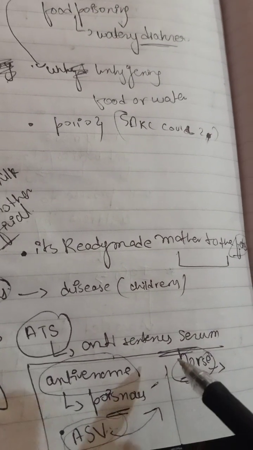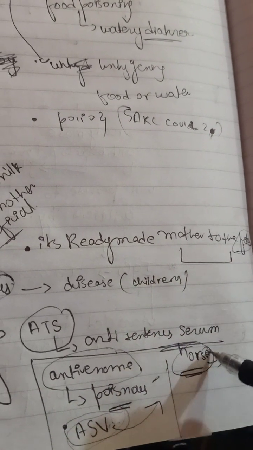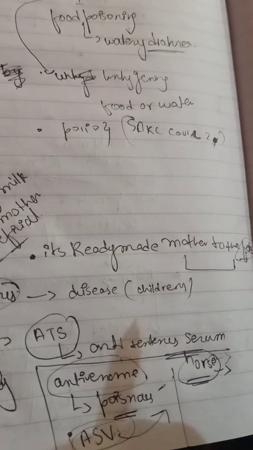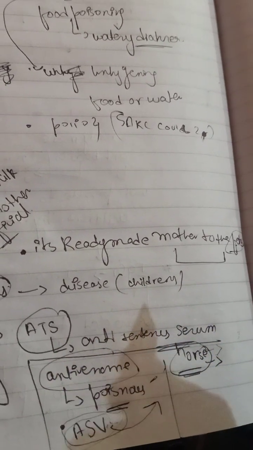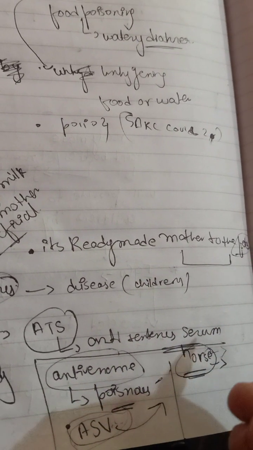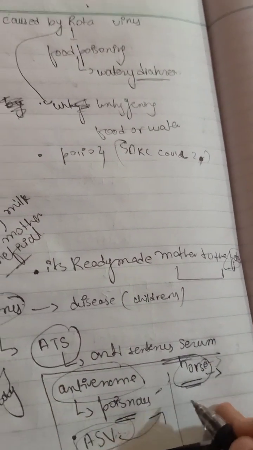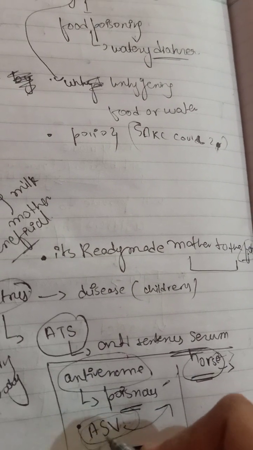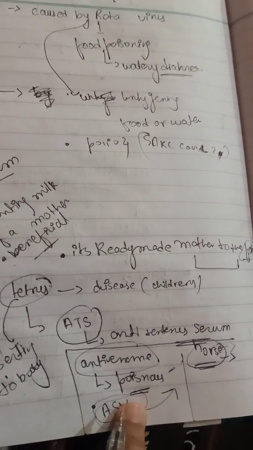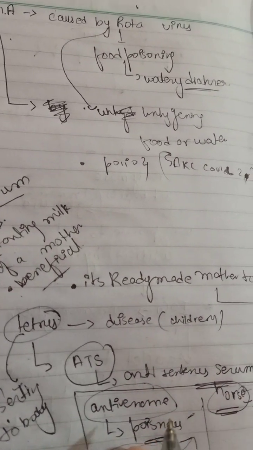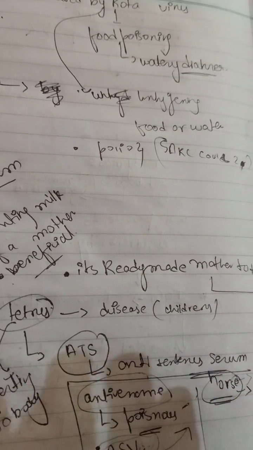Sometimes we extract it from the horse and then give it to the human against the causative organism that has bitten the human body. And the serum is yellowish in color, and it cannot clot.